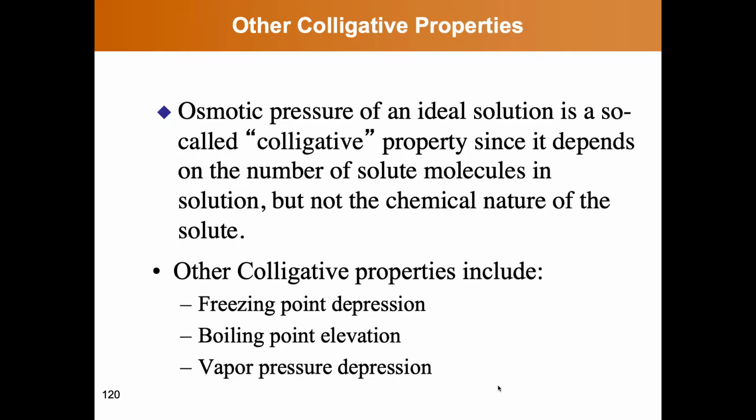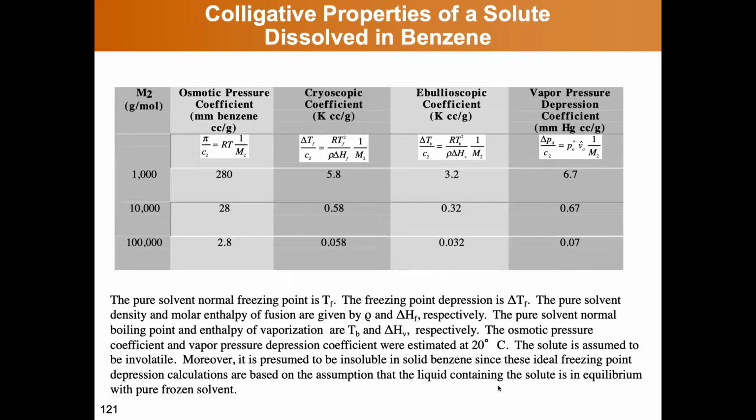And sometimes these methods are used to make measurements of osmotic pressure because they all are interrelated to this concept of the effect of a diluent, if you will, or a contaminant on the thermodynamic activity of the solvent.